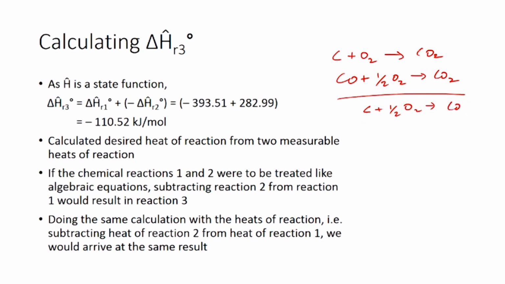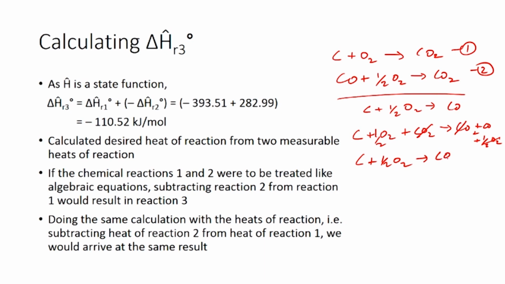If we subtract reaction 2 from reaction 1, we get C plus O2 plus CO2 gives CO2 plus CO plus half O2. So CO2 gets cancelled and the half O2 is subtracted, giving you C plus half O2 gives CO. This is the reaction of interest and we can do this.